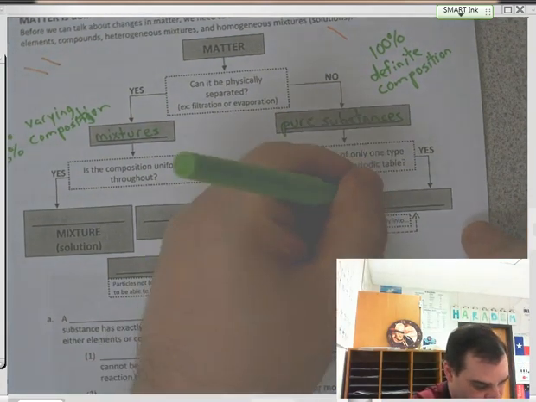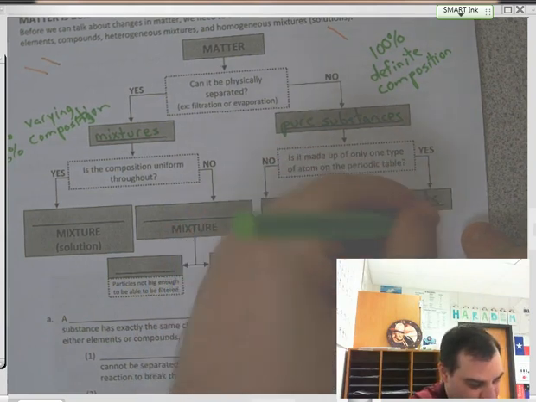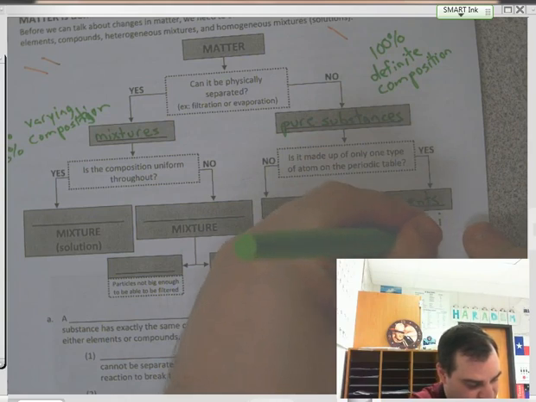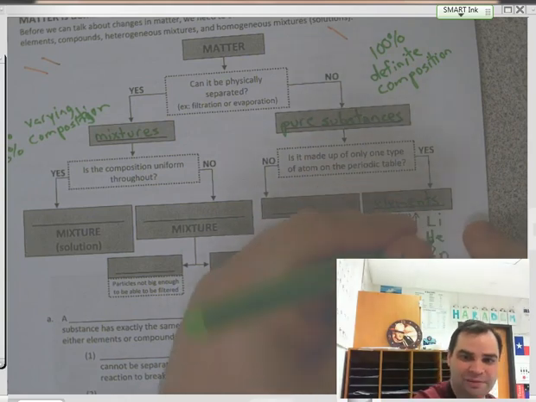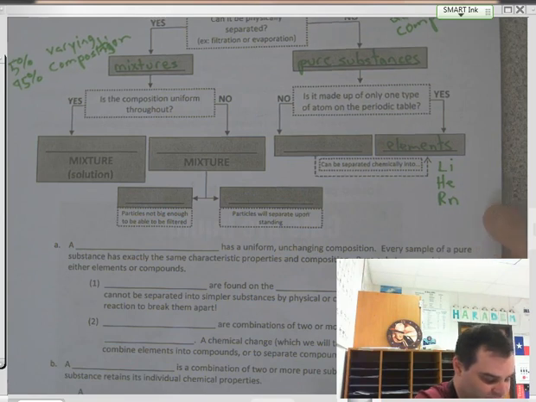You have elements like lithium, helium, radon, that can be found on the periodic table. They cannot be broken down into any simpler types of matter.